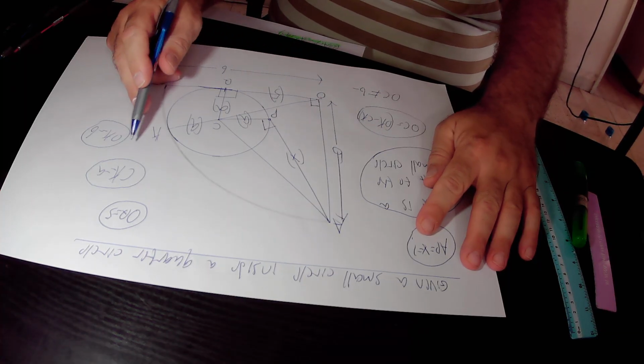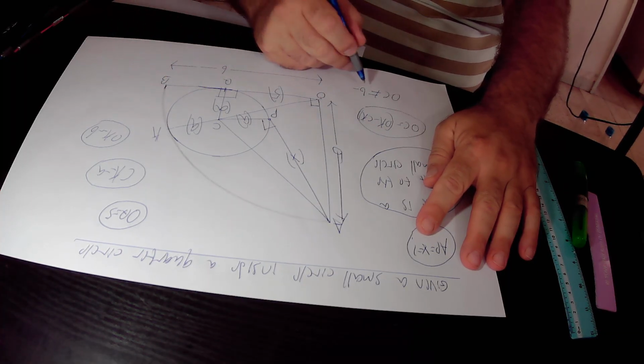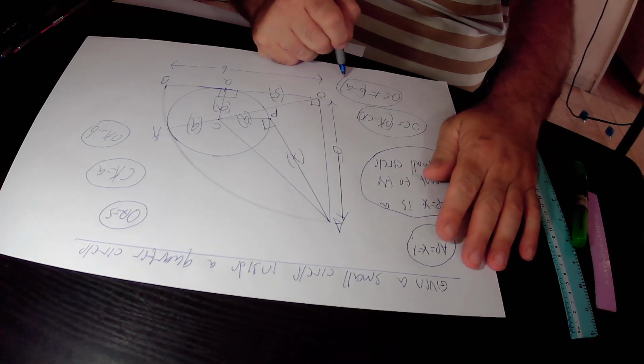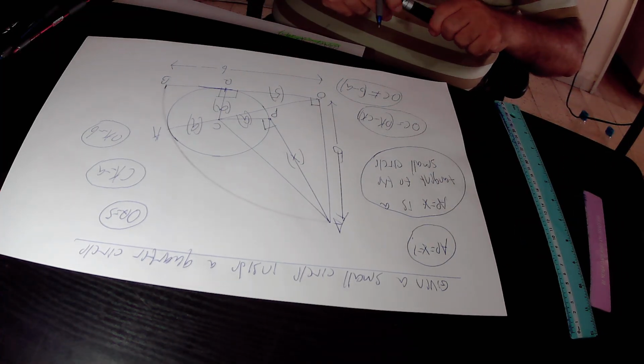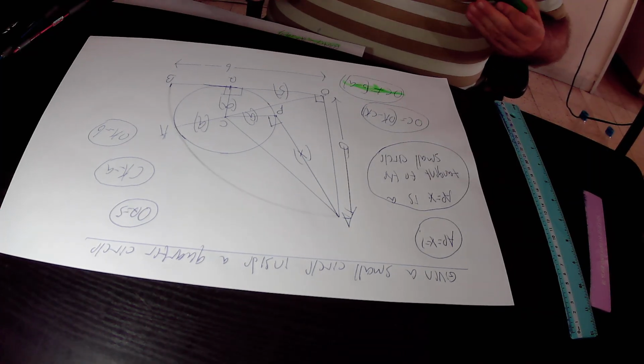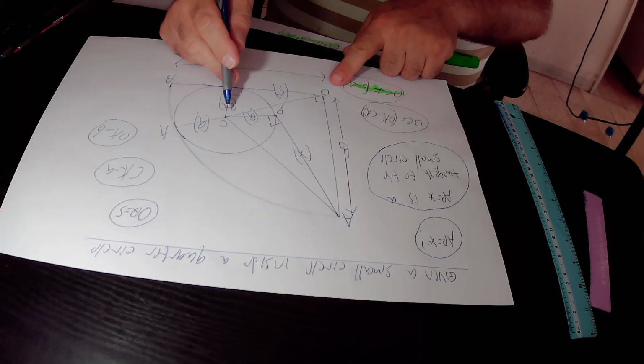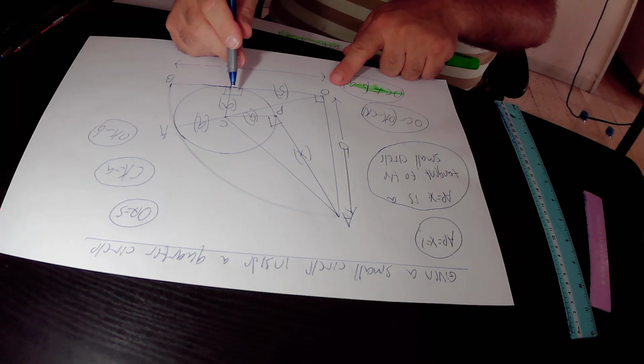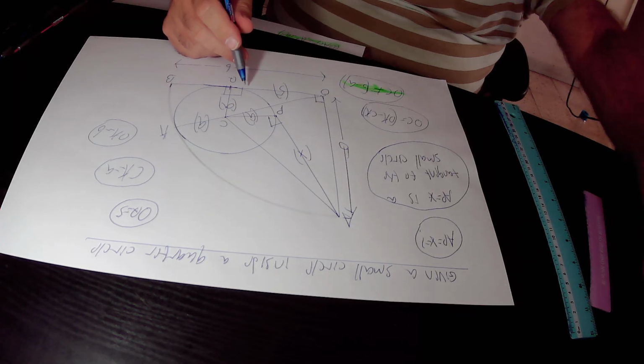CK is A, is the radius of the small circle. So in total, OC equals B minus A units in its length. This is line segment OC, that is equal to B minus A units in its length.